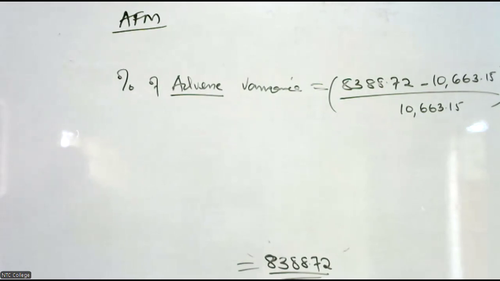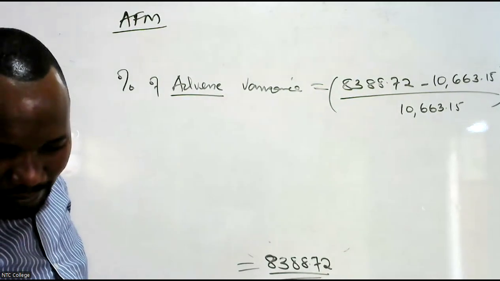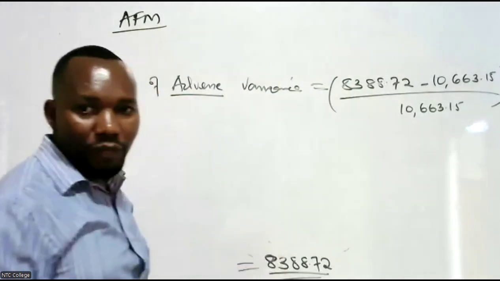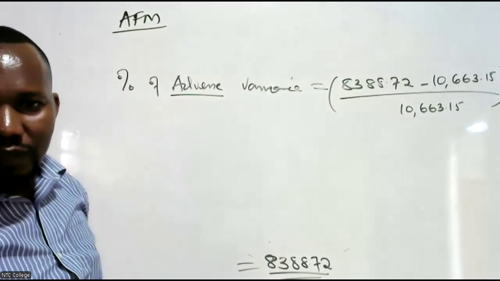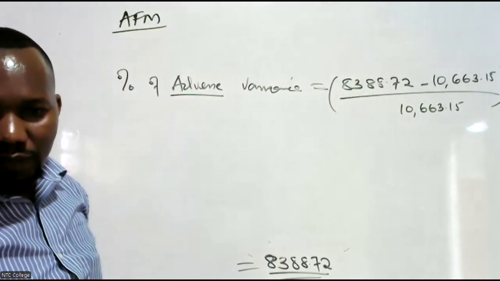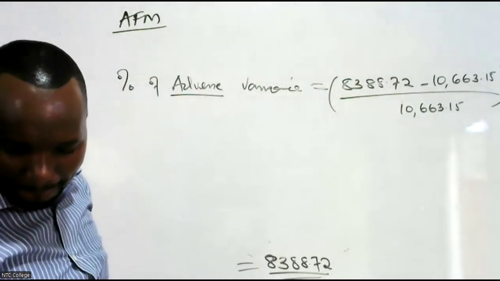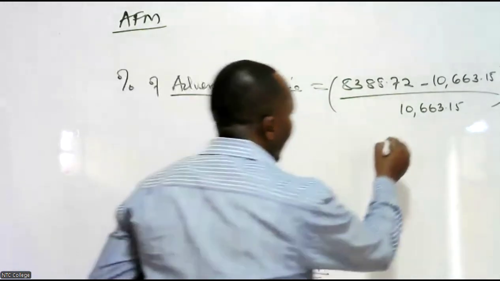21.05. I got 21.33. So it is 31. What are you getting? 21 or 31? 21 point. I got 21.33.